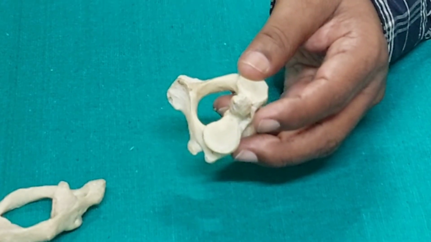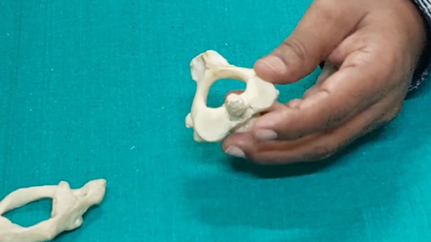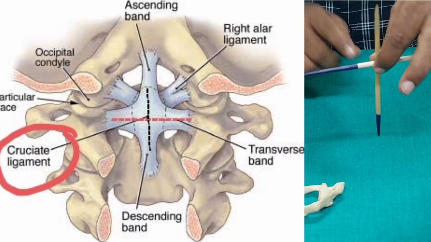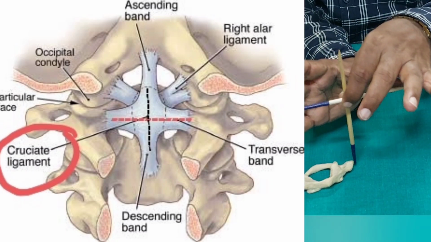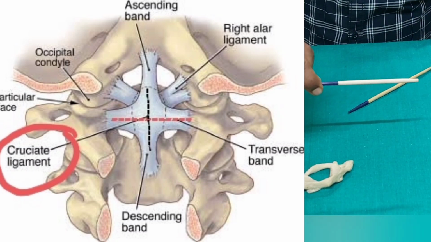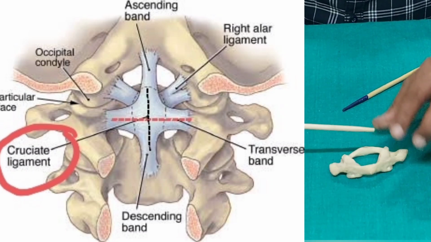Then the question may be asked, what is the cruciate ligament? Cruciate means cross-shaped, like this. So in the cruciate ligament, there are 4 limbs: one upper, one lower and 2 lateral. This is the transverse ligament of the atlas. You know what the transverse ligament of the atlas is.